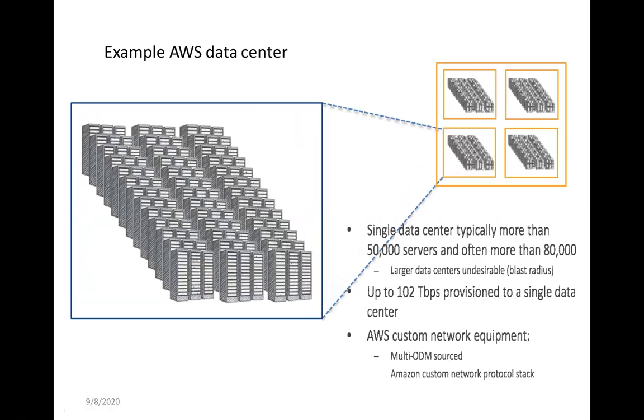Up to 102 Tbps is provisioned to a single data center, with AWS custom network equipment. These are related to networking, and you need not remember these things. You should only have knowledge about AWS data centers, availability zones, their transition, and the number of servers in a single data center.